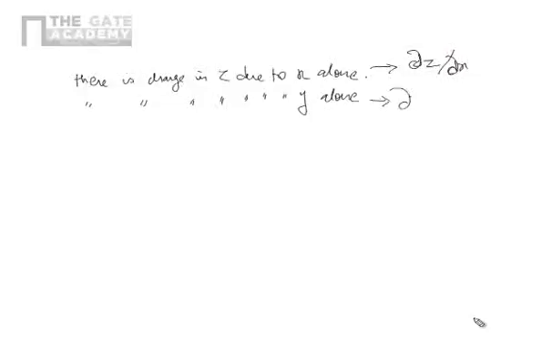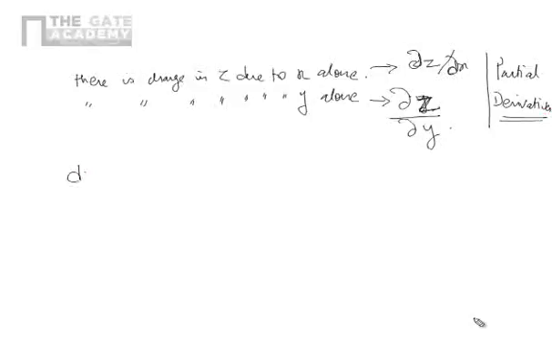And this I call as dou z by dou y. These are called partial derivatives. And what is dz? dz is the net change in z.